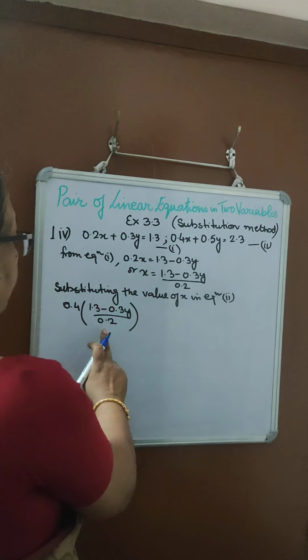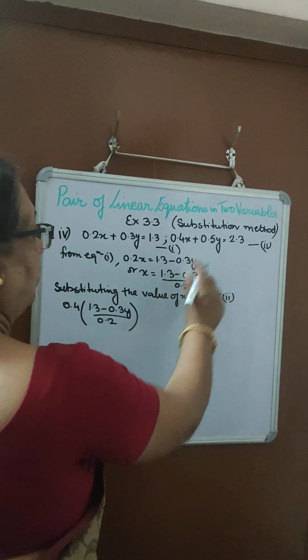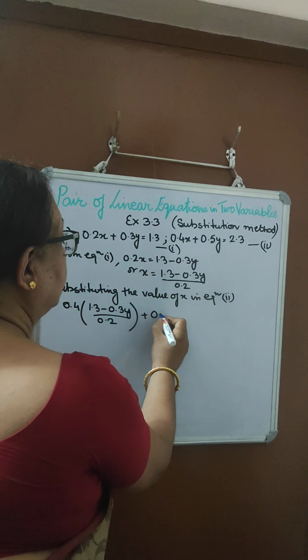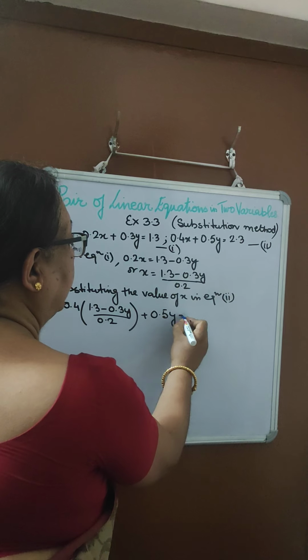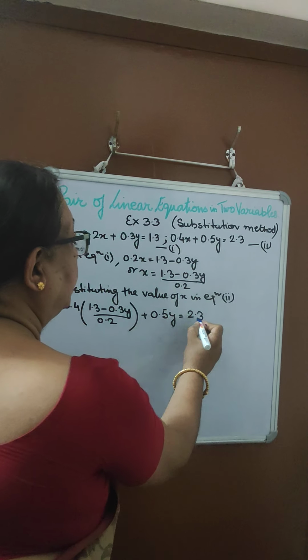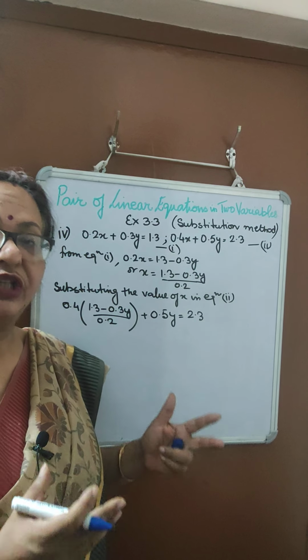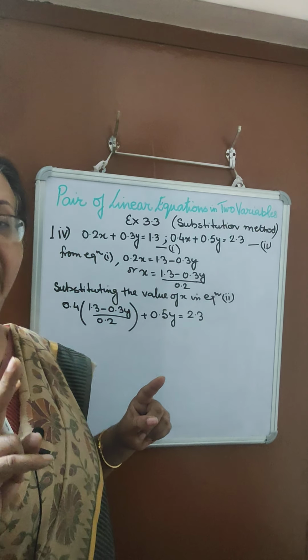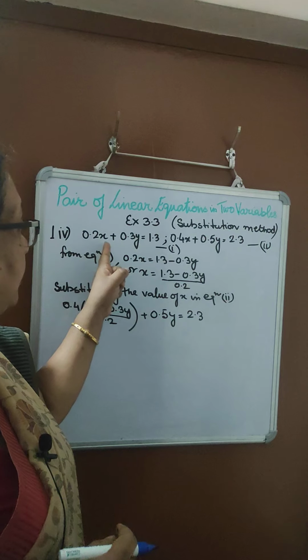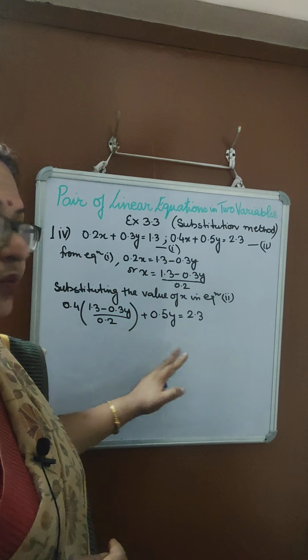This is 0.4 x plus what we have as given 0.5y equal to 2.3. So what we have done? We have just substituted the value of x from equation 1 in equation 2.